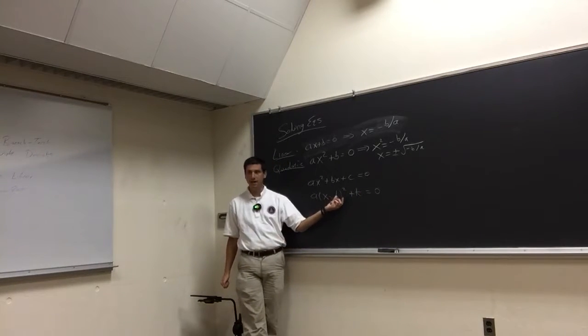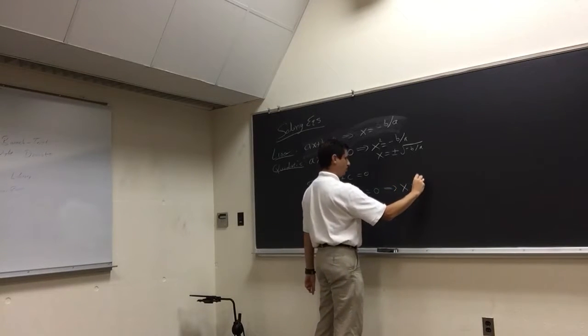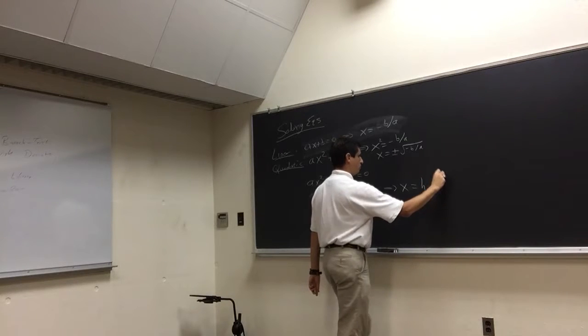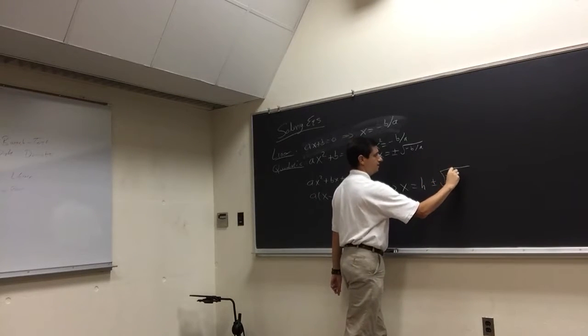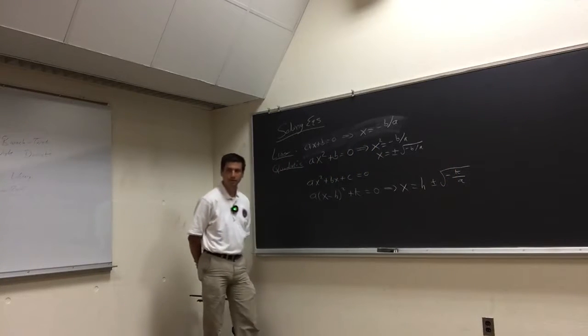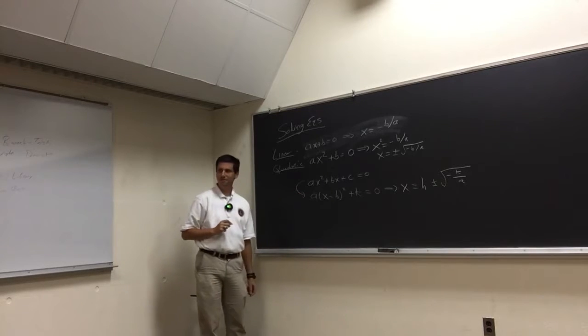Because if we can write it like that, then we immediately get the solution: x is equal to h plus or minus the square root of negative k divided by a. And there's a very famous name for this method. Anybody remember the method?